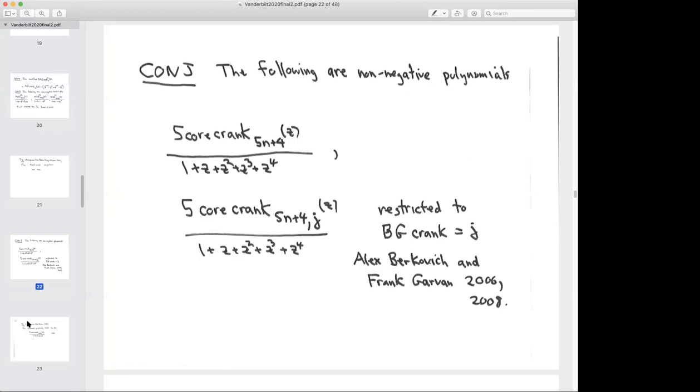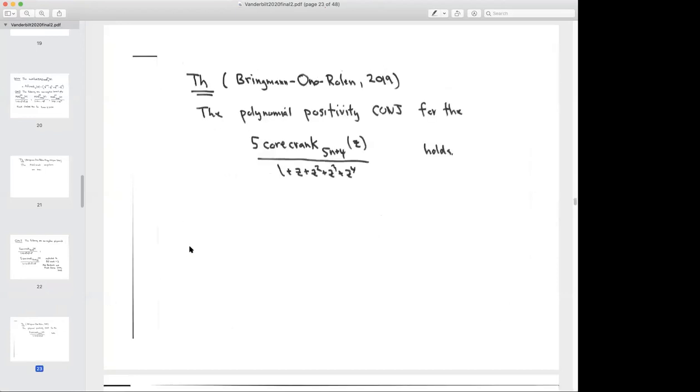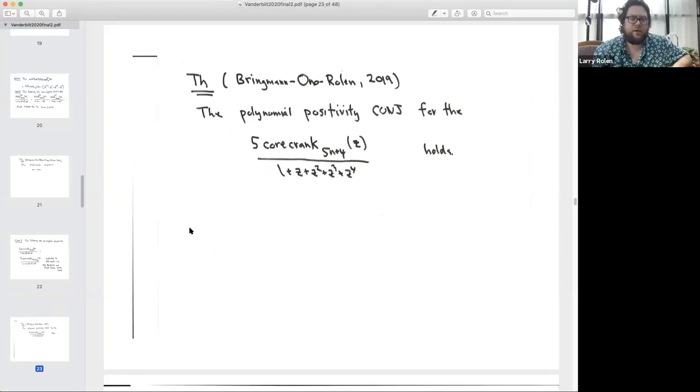And I've been told by Larry that that's now a theorem. Is that correct, Larry? Well, we haven't proven it for that case, but we have some observations about what might be special about the 5 core crank and why it works right away and the 7 and the 11 don't work the same.